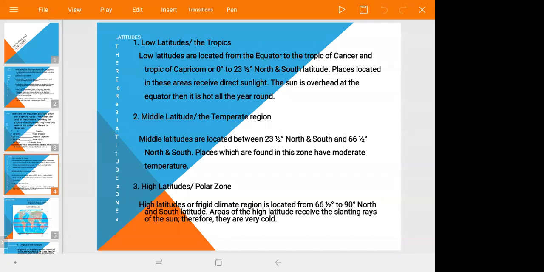Slanting rays of the sun means the rays of the sun that travel long distances. So when you get closer to a bulb, you get the heat and also the light. Are you listening?